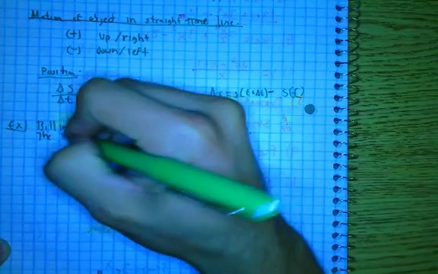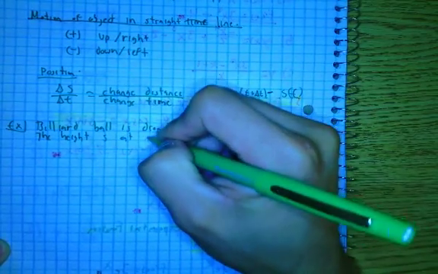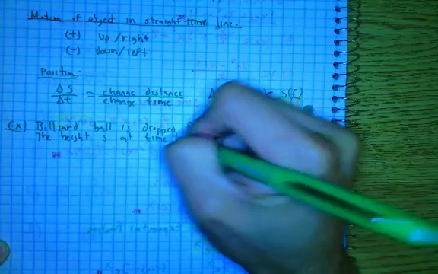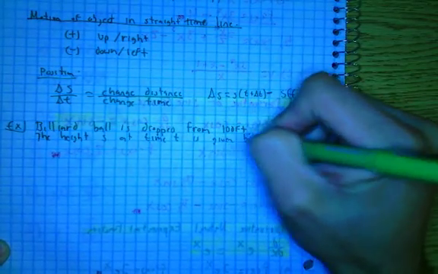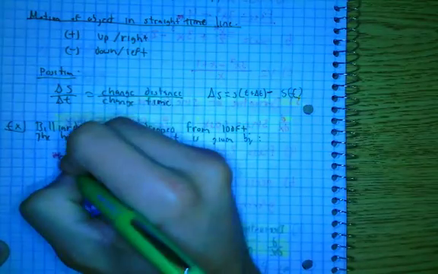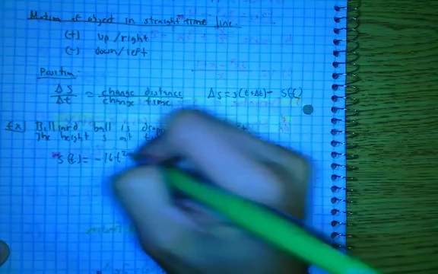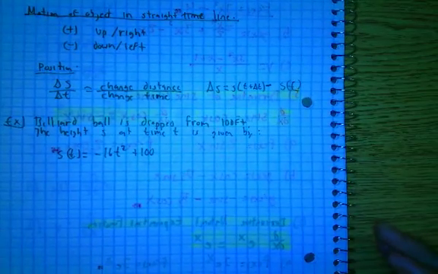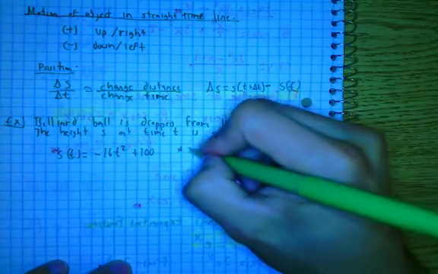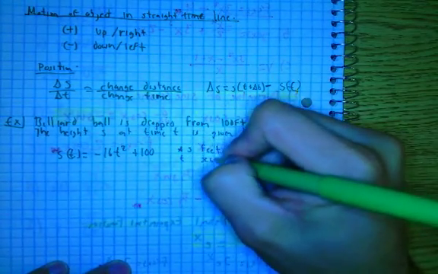S at time t is given by the following function: S of t equals negative 16t squared plus 100, where S is in feet and t is in seconds.